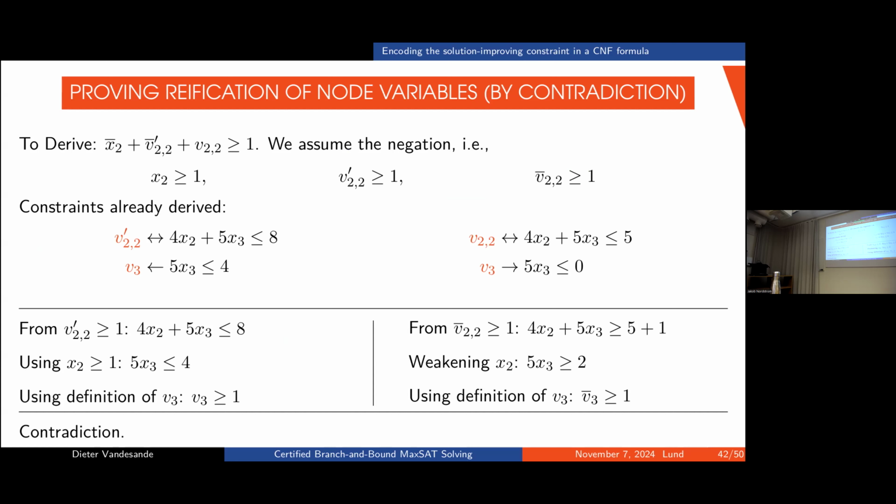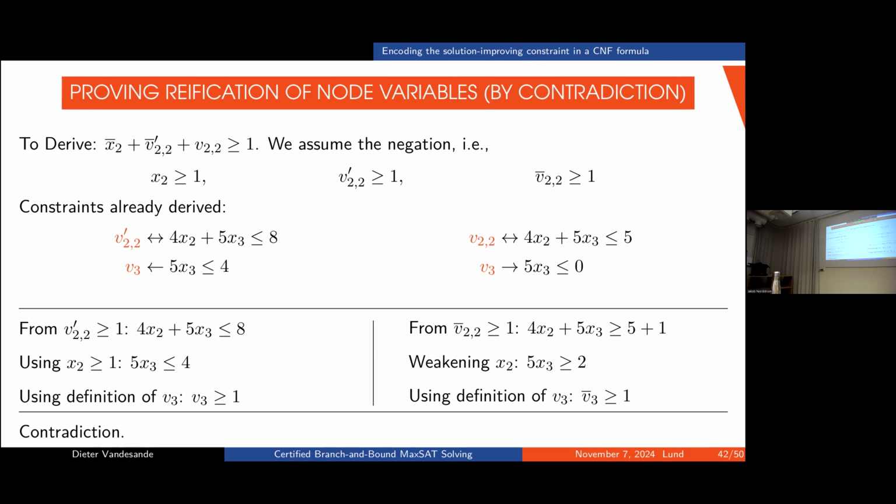How would you do this? You want to derive that prime implies non-prime. I'm using the reification of prime, which implies 4x2 plus 5x3 less than or equal to 8, written down as the negation of V prime plus 4x2 plus 5x3 less than or equal to 8.